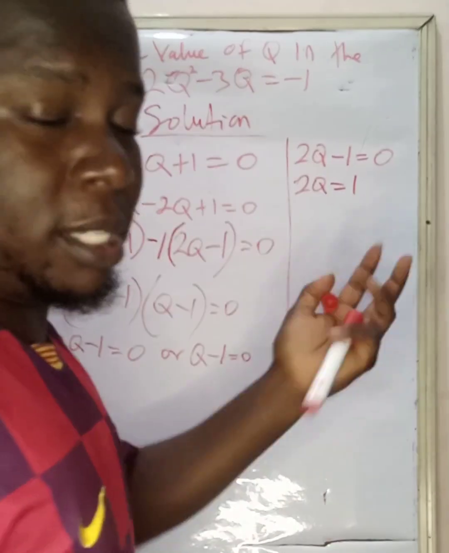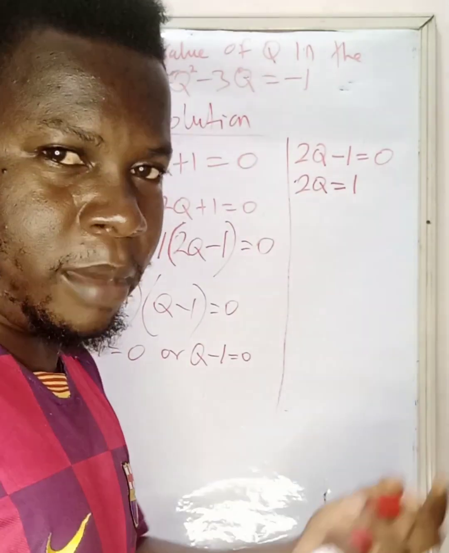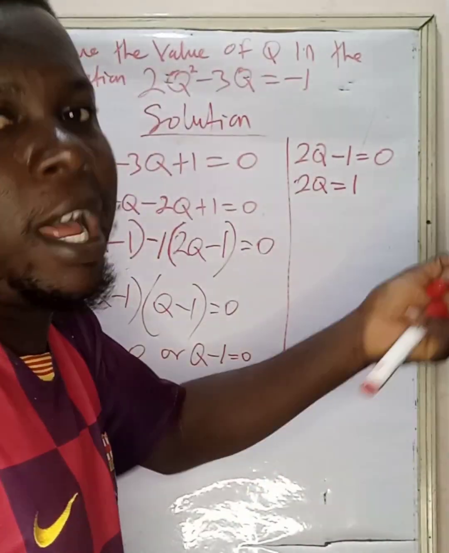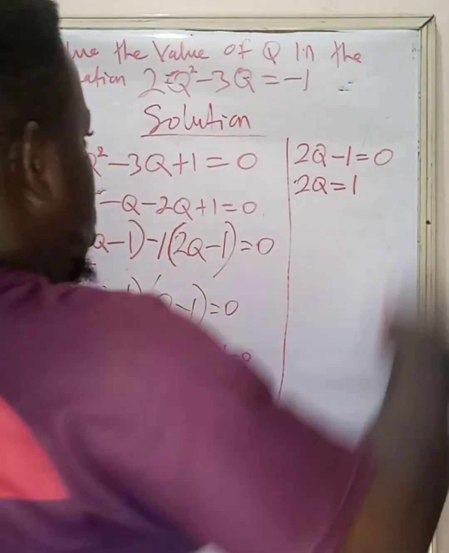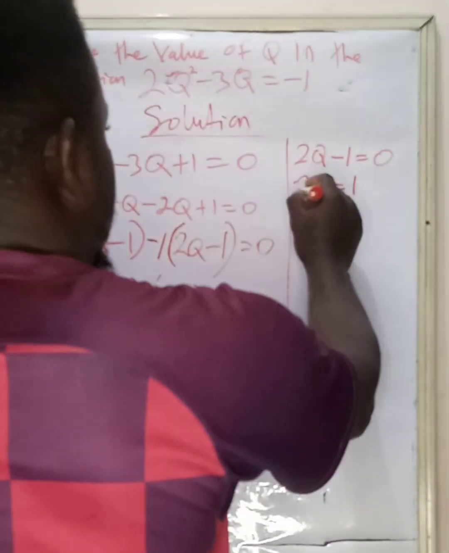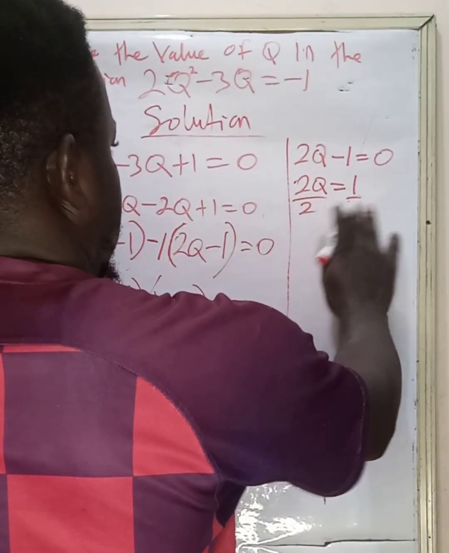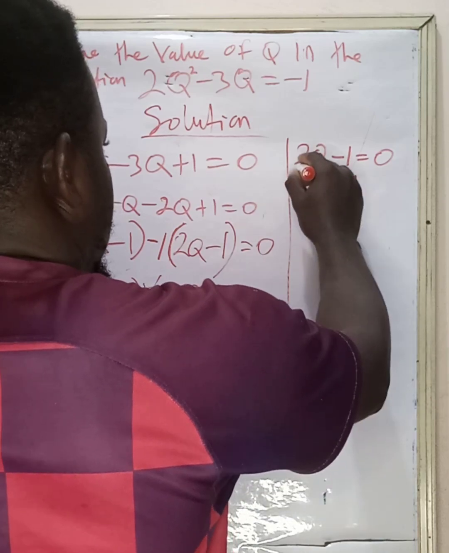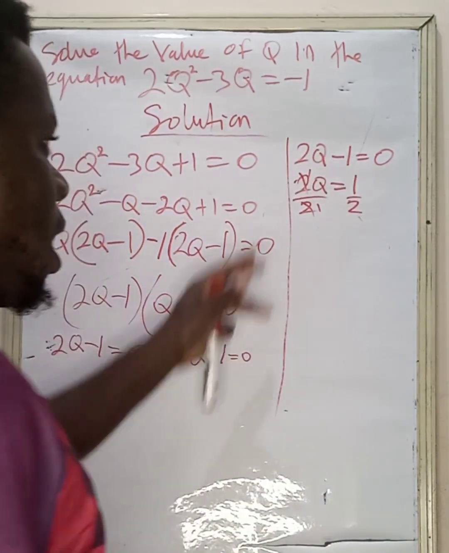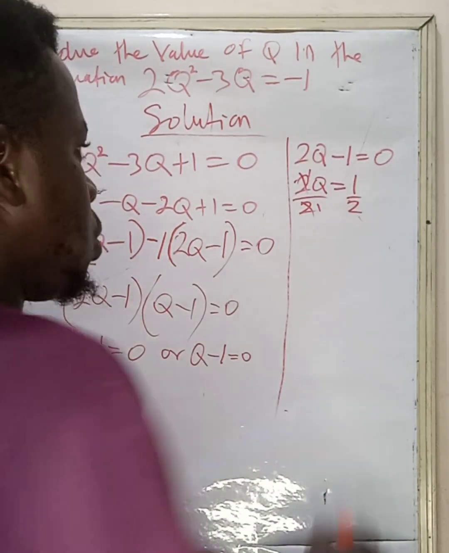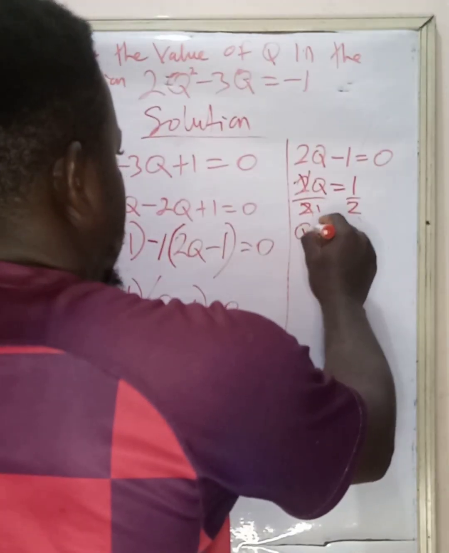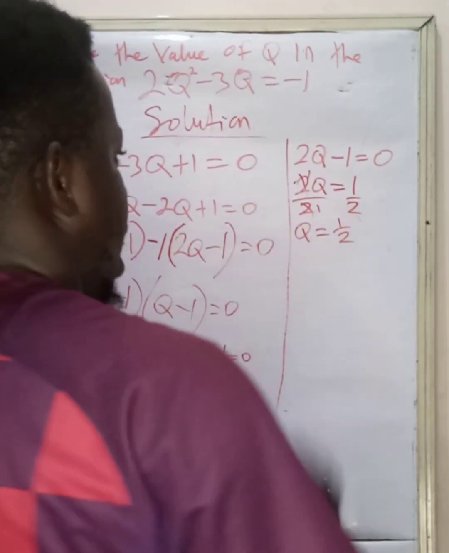The sign will change, normal mathematics, but we will not add plus 1, we know it's just 1. So multiply both sides by 2, and now we'll have q is equal to half.